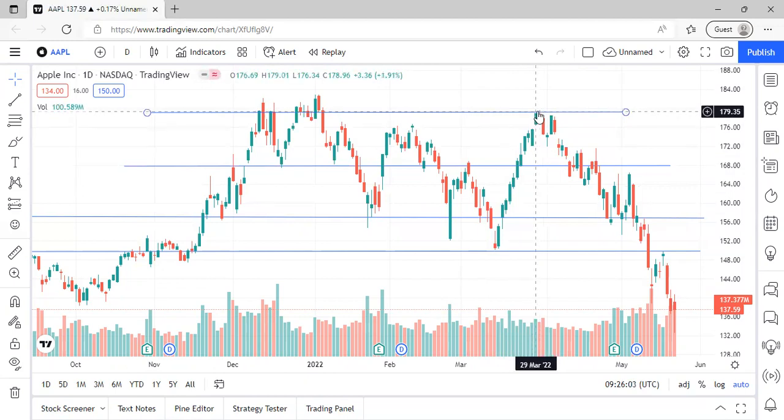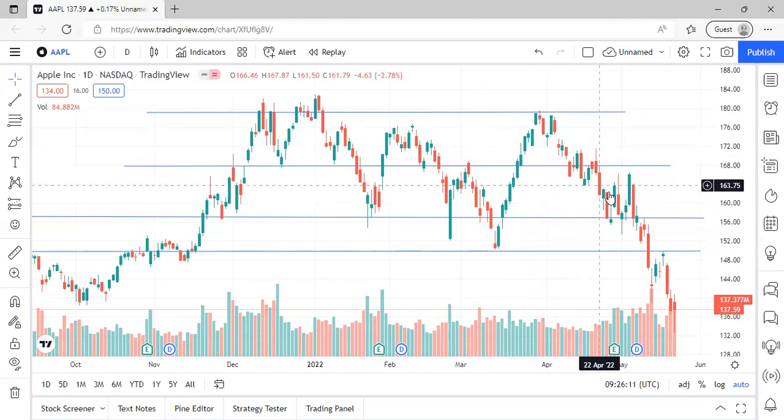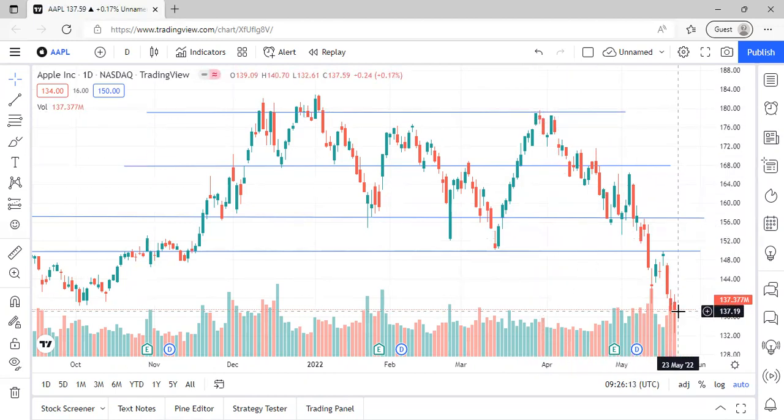At this point in time, the resistance line is not breached, and therefore it tumbles down again until the current state at 137 USD.